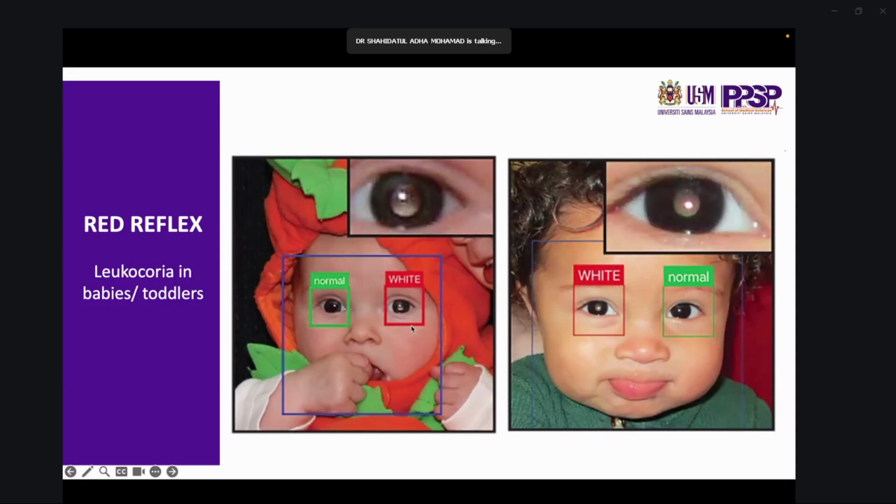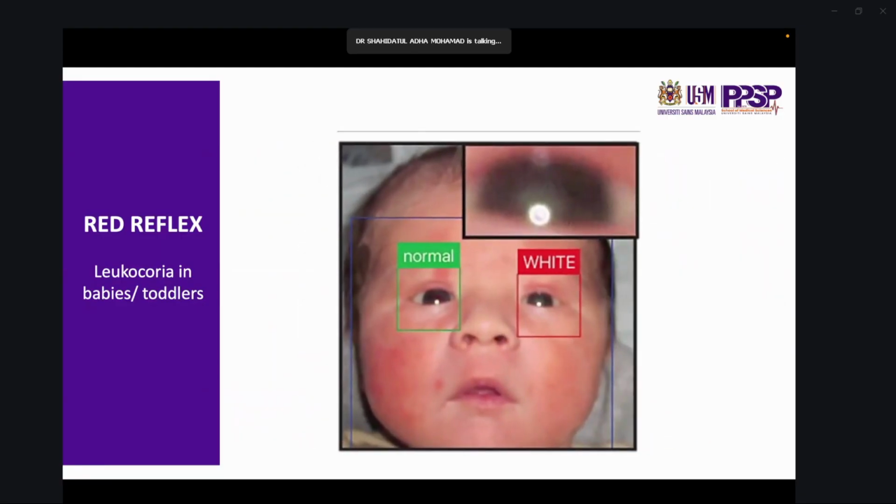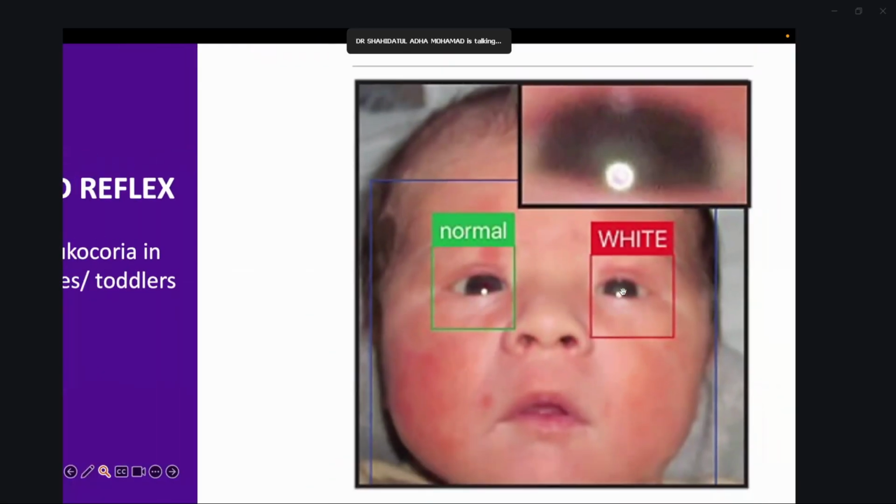Why in these patients does it not appear very bright? Because sometimes they don't use a retinoscope and just use a torchlight, so the glow is a little bit different. All right, in this one you can actually see the red reflex here, and this is a clear leukocoria in the left eye.